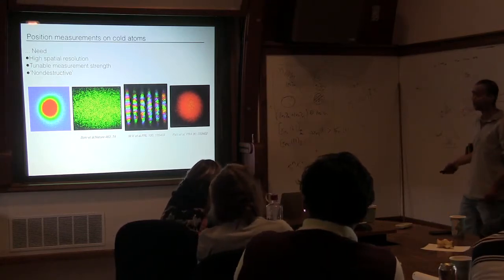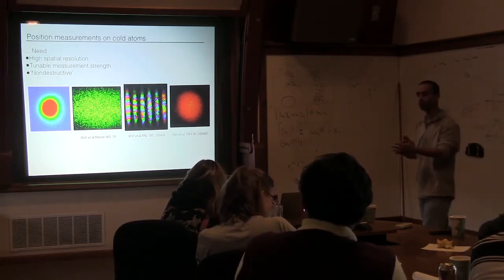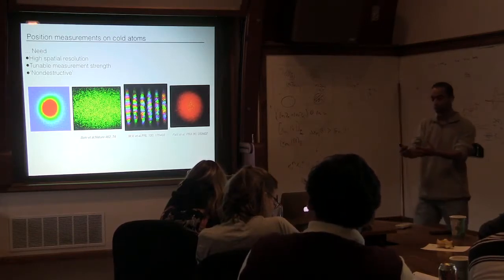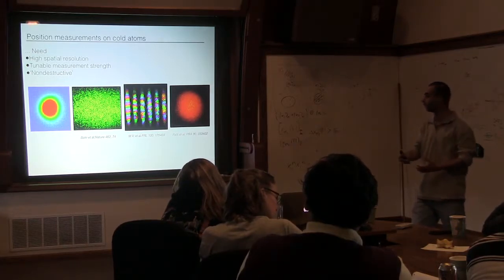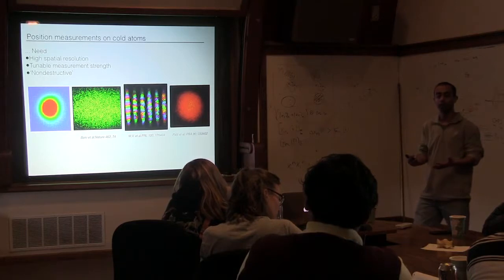There are also techniques called phase contrast imaging, which rely on the fact that the atoms not just can absorb or emit light, they can also act as a dielectric medium. They impart a phase shift on the light, but that does not involve spontaneous emission.